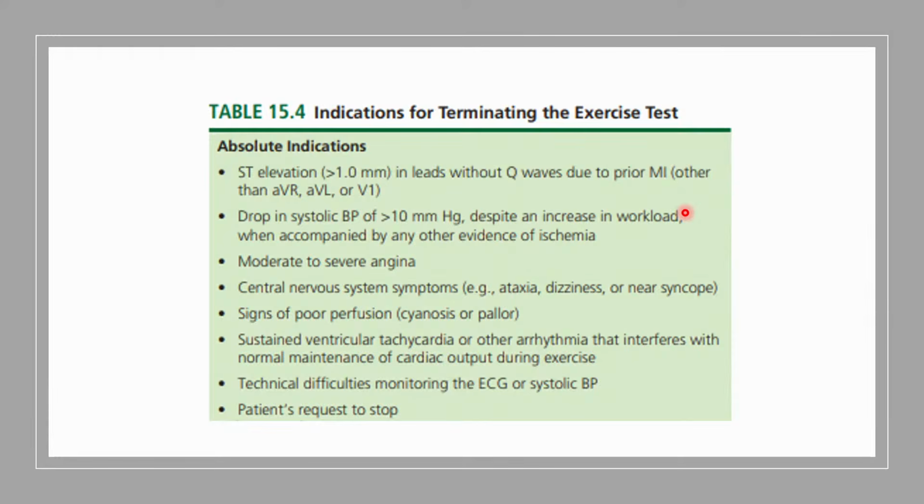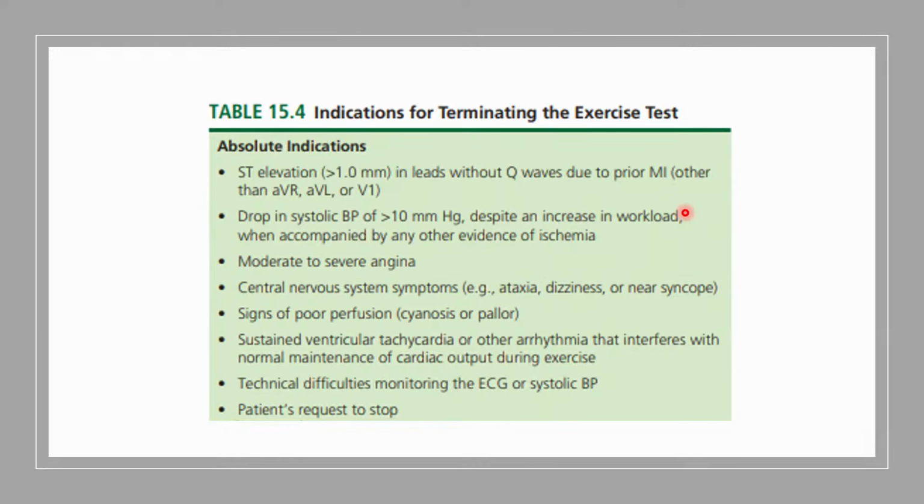If the patient develops a drop in BP of more than 10 mmHg while doing the test, or experiences moderate to severe angina, or has central nervous system symptoms such as syncope, dizziness, or walking disability, or develops signs of poor perfusion, such as becoming completely pallor or cyanotic, or has sustained ventricular tachycardia.